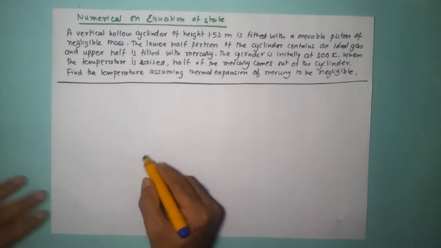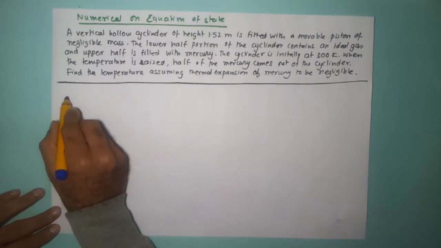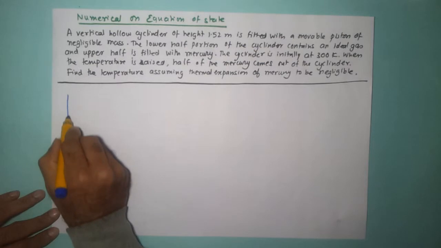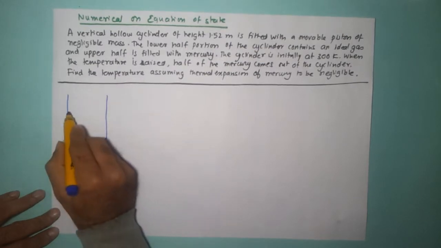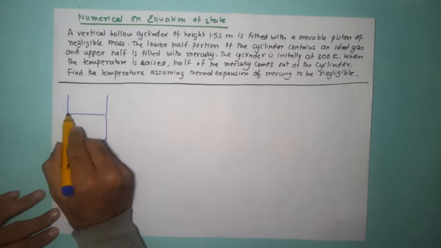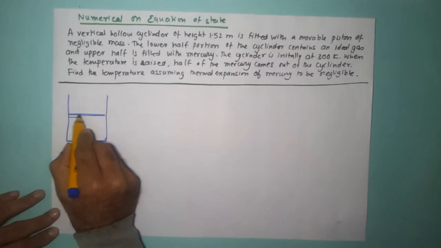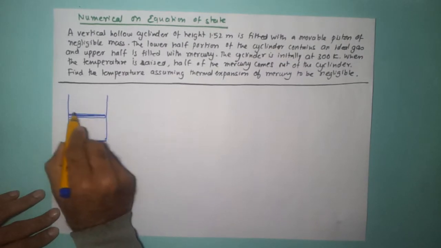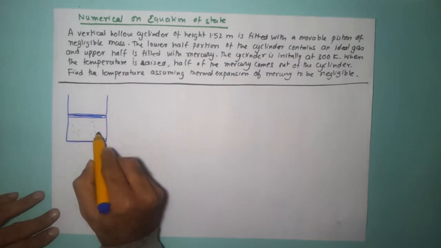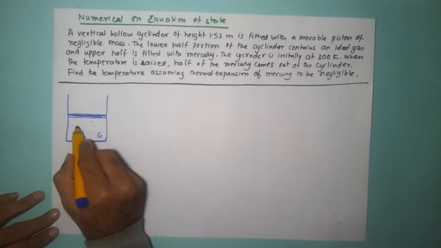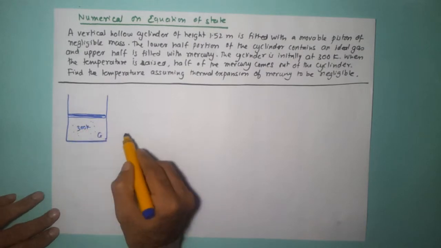Okay, so that means I have this initial situation like this. Let us say I have a cylinder, and say this is the piston of negligible mass. In this part we have gas, G, and it is at 300 Kelvin.